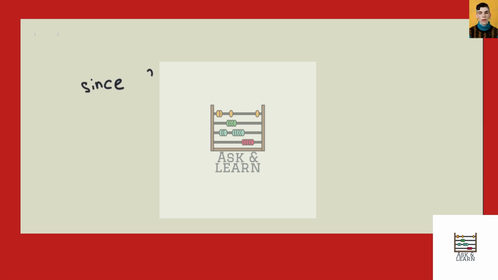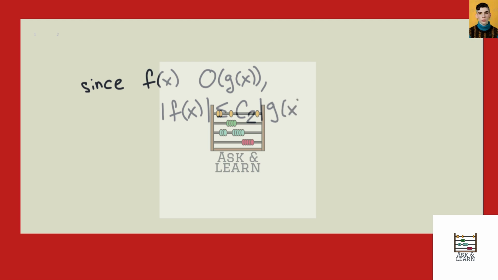So we'll say that since f of x is big O of g of x, then we know that there are these constants c2 and k2 such that the absolute value of f of x is less than or equal to c2 times the absolute value of g of x whenever x is greater than k2.